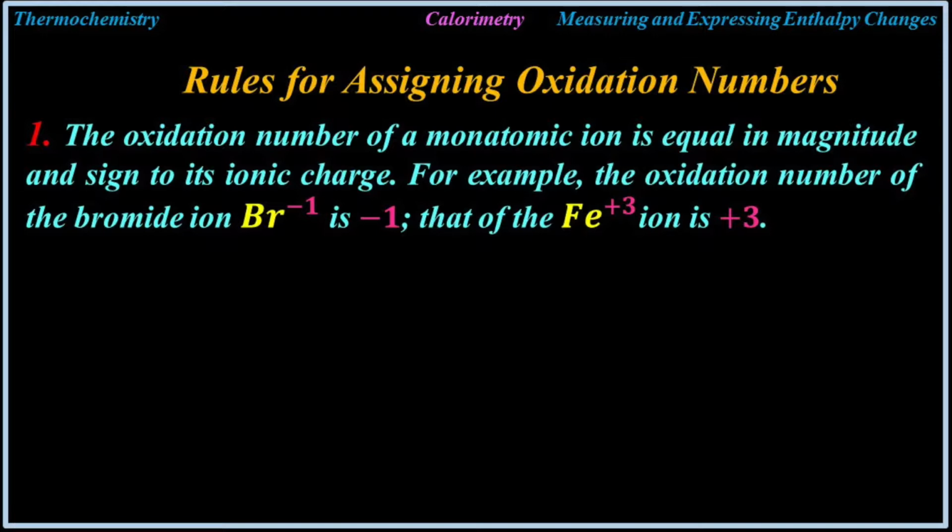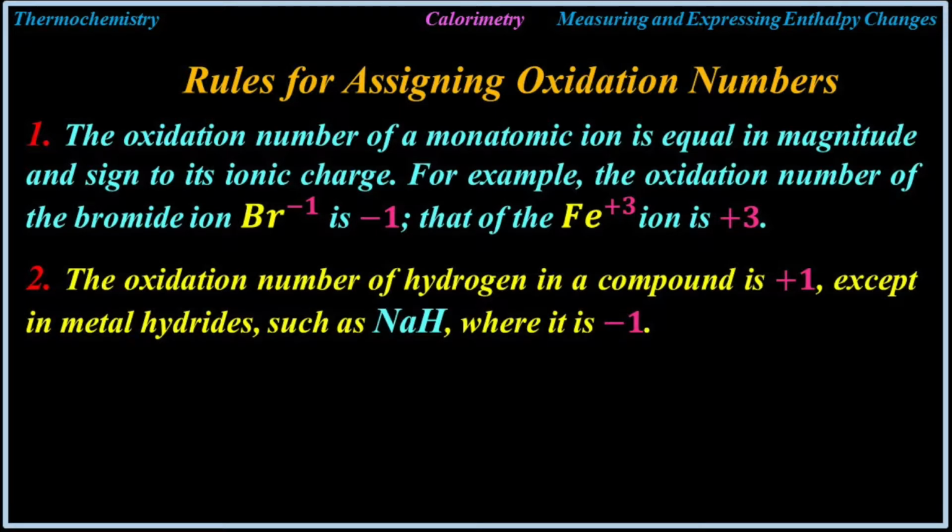1. The oxidation number of a monoatomic ion is equal in magnitude and sign to its ionic charge. For example, the oxidation number of the bromide ion, Br-1, is -1. That of iron +3 ion is +3. 2.